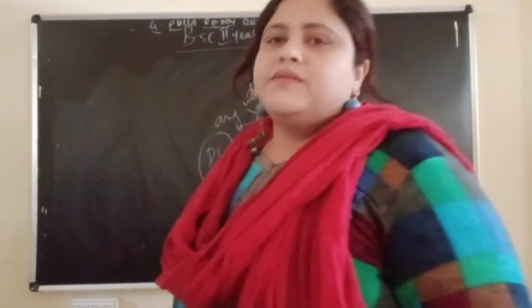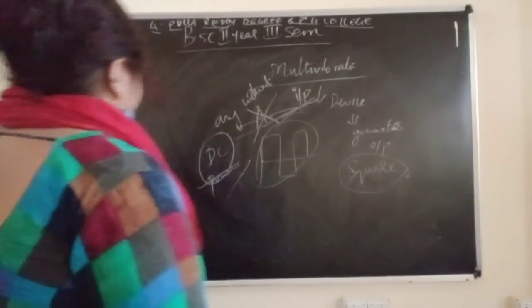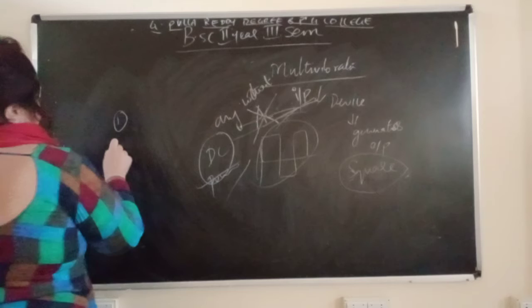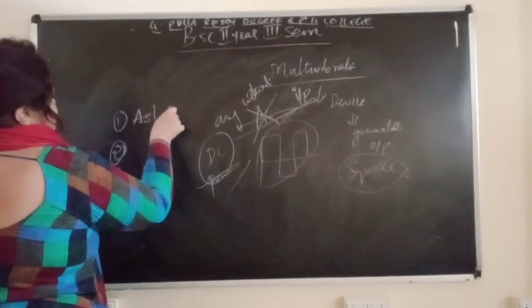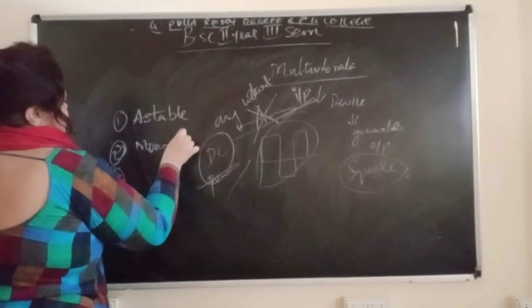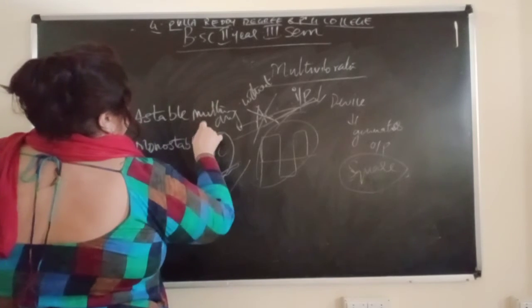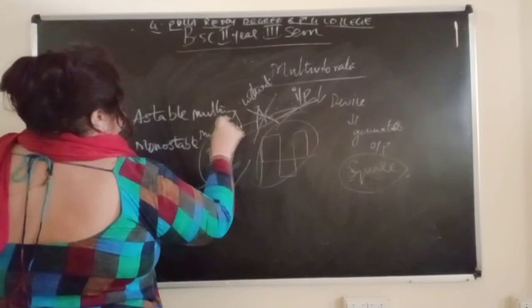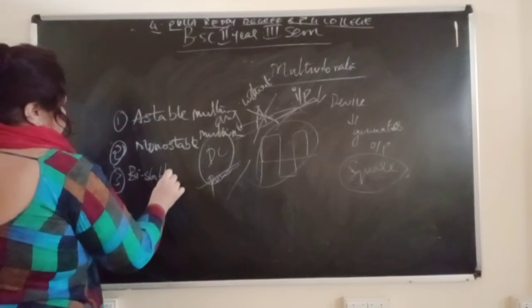Okay. Now, this is multivibrator. The types of multivibrators are three: astable multivibrator, monostable multivibrator, and the last one, bistable multivibrator.